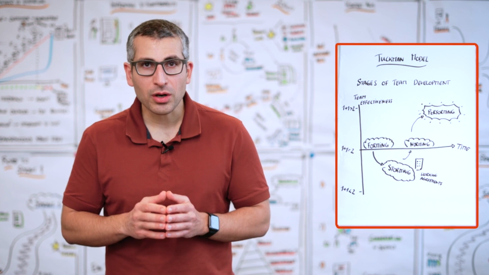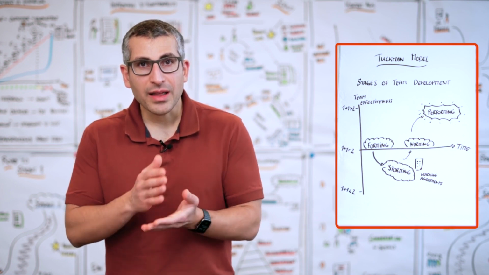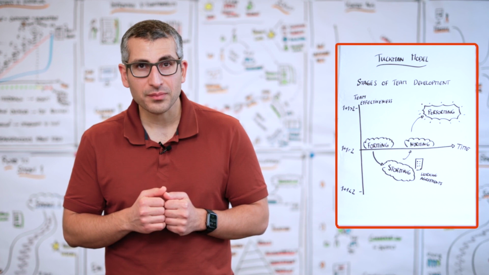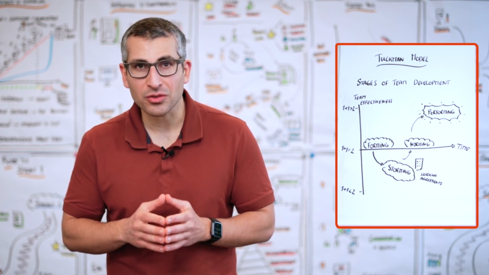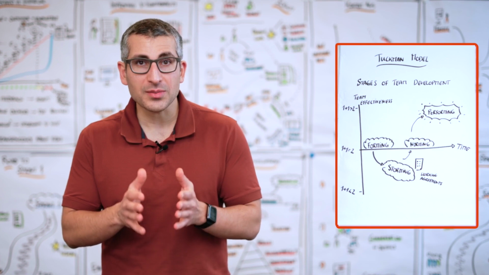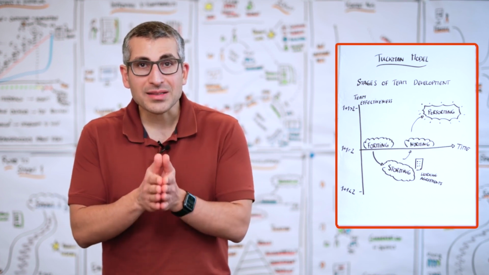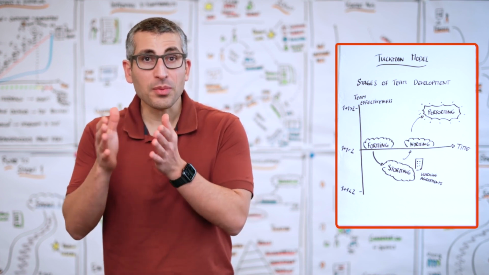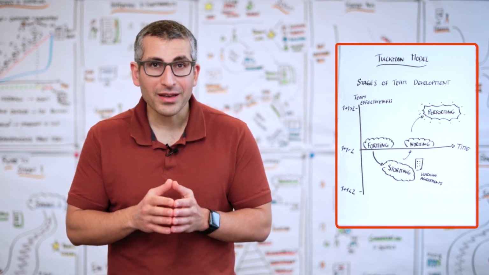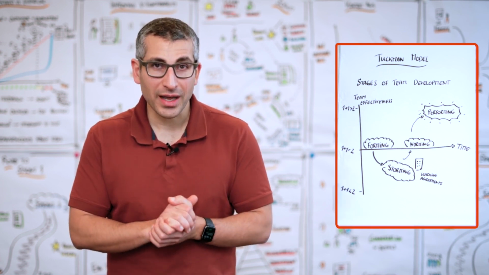Looking at the Tuckman Model, the question might arise that at some point all teams are performing, correct? That's not necessarily true. Even if we provide great coaching, even if the teams have a lot of awareness, at some point, teams that are performing are broken up. Why? Because the project comes to an end.